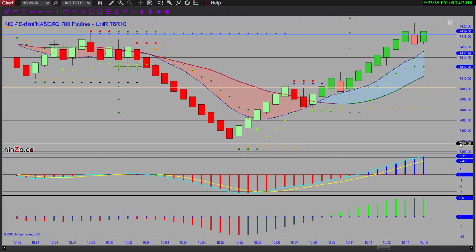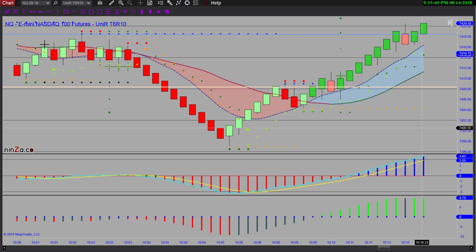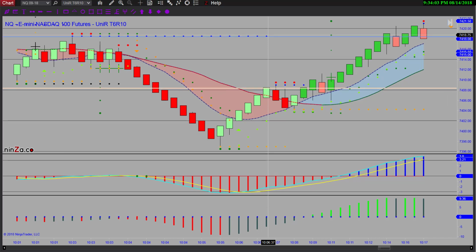All right, I'm going to take us to the first trade that we had of the day, approximately 10:20 on Tuesday, the 14th of August, 2018. We were watching, and finally the NASDAQ, after about 45 minutes of trading, broke a significant level up here around 74.18.